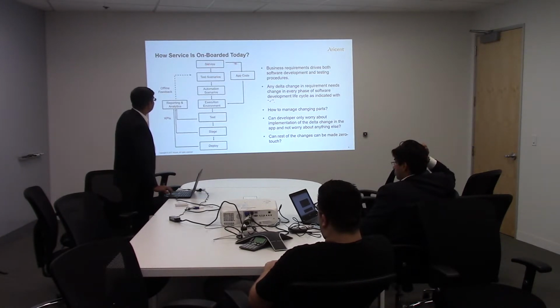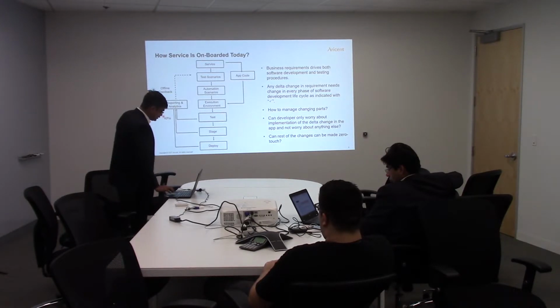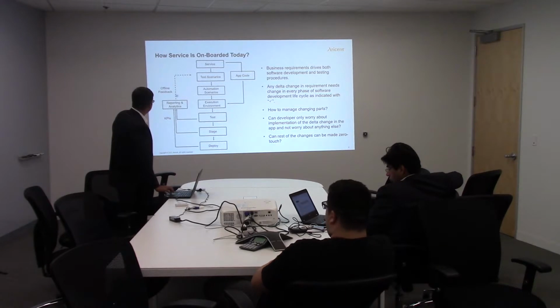From there I write the application code, and I write the test scenario. I create automation scripts. I create an ecosystem where I can start testing my service with all these environment parameters. Then I test it, stage it, deploy it, and from the deployment, I get the required KPIs to create my reporting and analytics, which can offline feed to my test scenario.